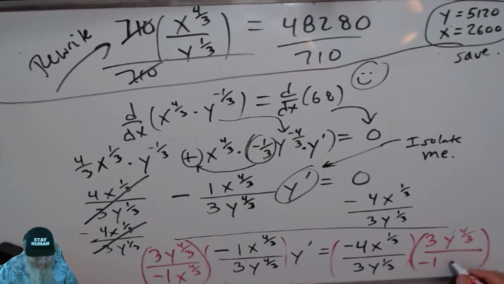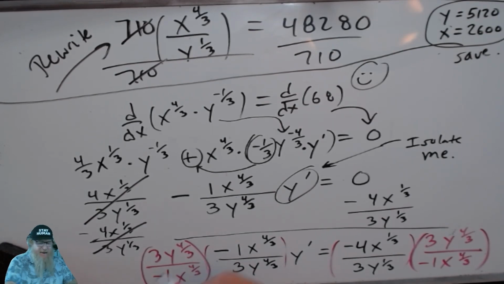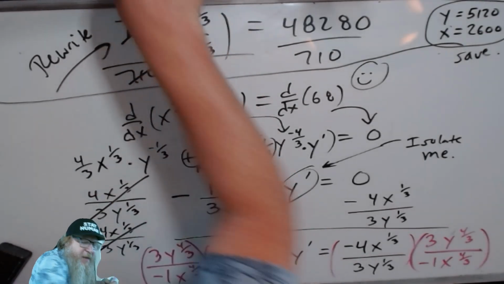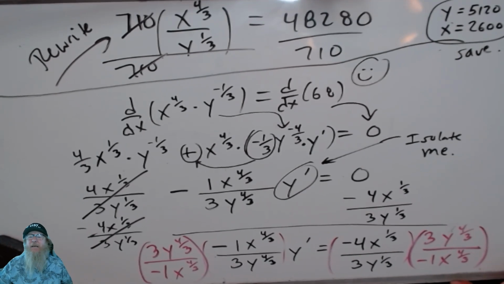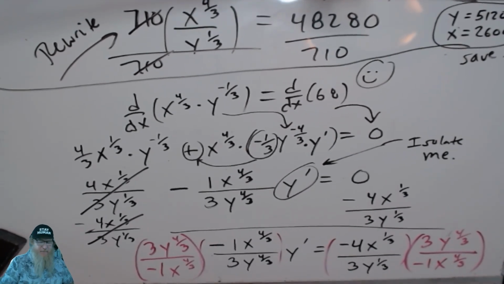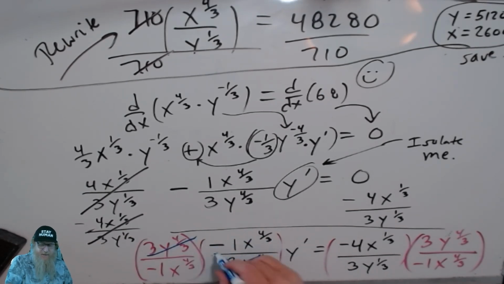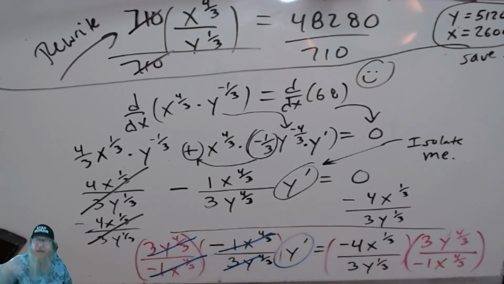You don't really have to write the 1, but I already wrote it, so I'll just keep writing it. And then now watch. You've seen this before in algebra. It probably wasn't this complicated, but you've seen the basic concept. You multiply by the reciprocal, and all of this stuff cancels, and now you've got your y prime isolated.